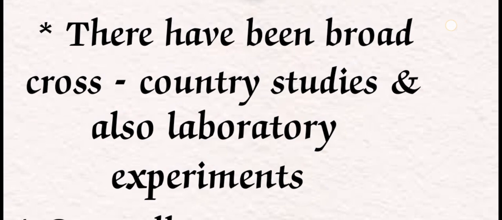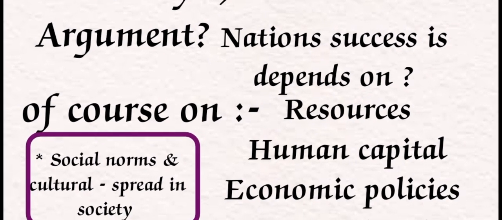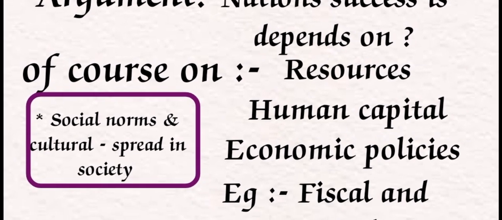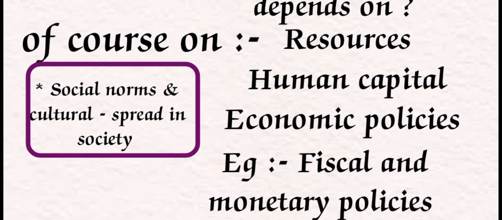So according to the broad cross country studies, it means studies about the people and their behavior, and laboratory experiments, so that can illustrate these type of the features. So here the main important general question is: a nation's success depends on some important things, like of course resources, human capital, and economic policies. Okay, so for instance, sometimes fiscal policy, monetary policies, but it also depends on the social norms and culture.